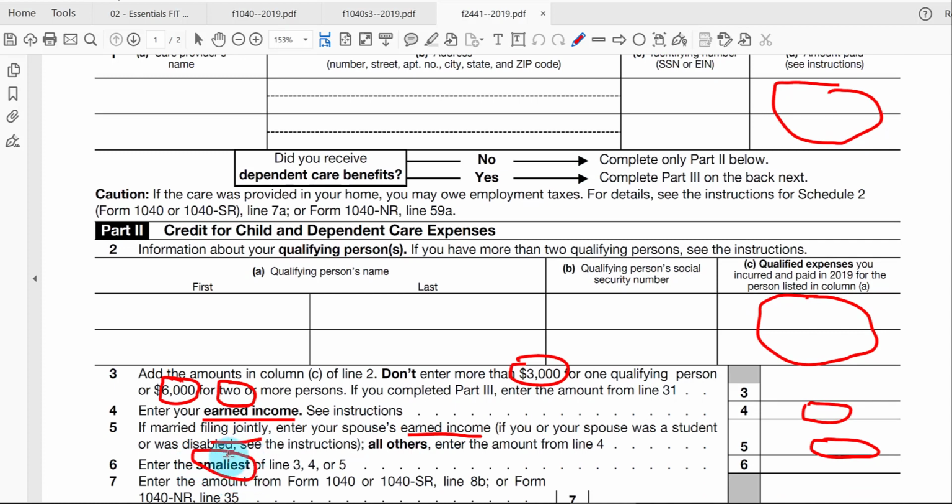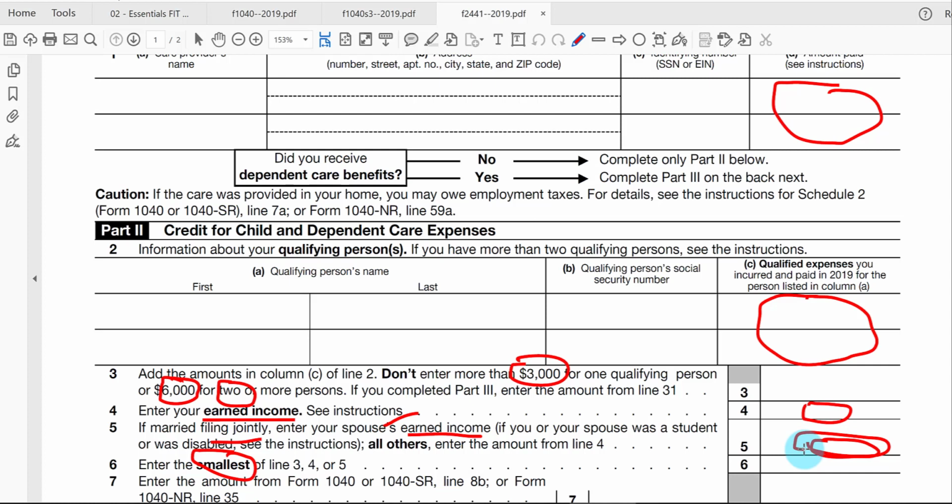Now, if your spouse doesn't work but goes to school, or maybe your spouse is a dependent because they're incapable of taking care of him or herself. Remember, spouses cannot be claimed as dependents, yeah, but if they need to be taken care of, or if the spouse is going to school, you're not going to put down zero over here, but you can have some make-believe income just for purposes of calculating out the credit.